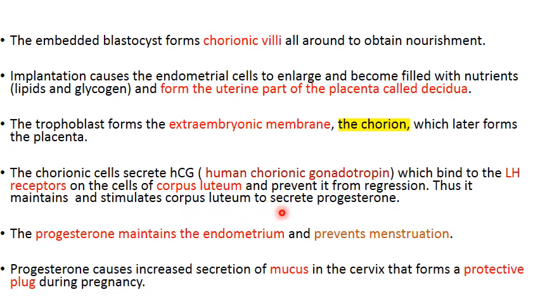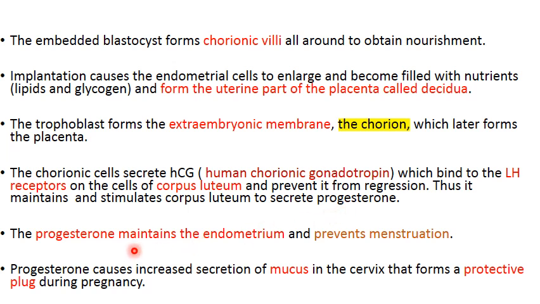So for the first 3 months, the corpus luteum is going to secrete progesterone, and as you recall, progesterone is very important because it has to be there for the entire 9 months of the gestation period. Therefore, it is referred to as a pregnancy hormone, and because it maintains the endometrium, later on the secretion of progesterone will be from the placenta.